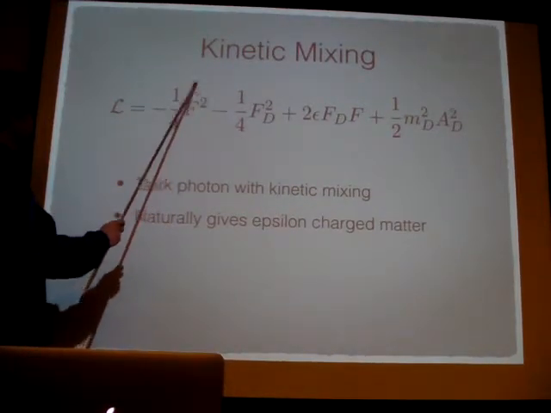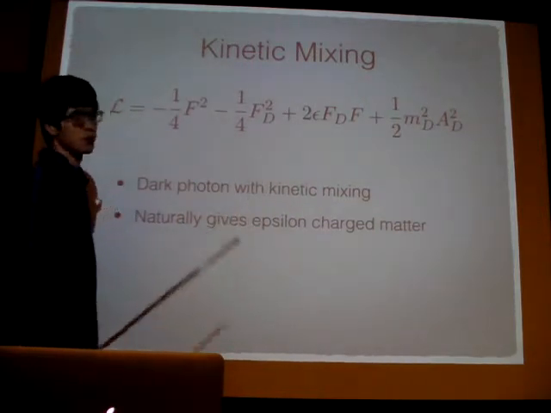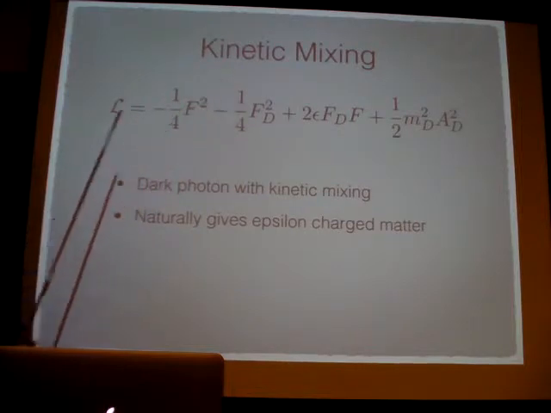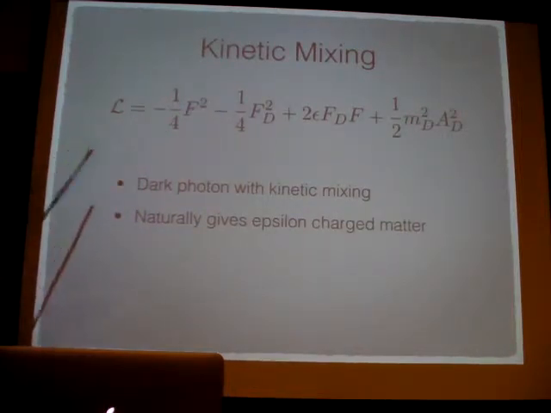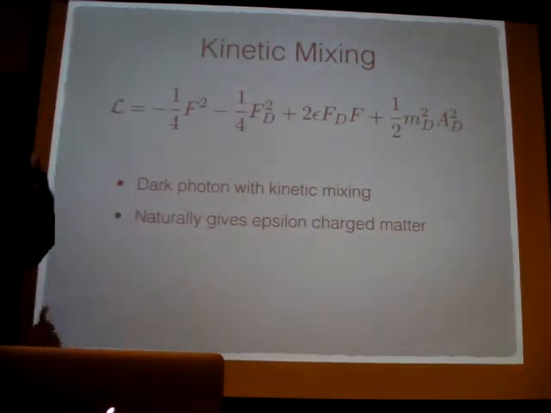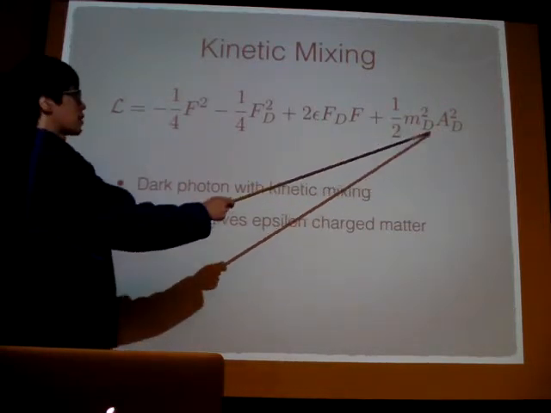If you take our U1 and their U1, you can write down a term that literally just mixes the kinetic terms for our U1 and a U1 dark. And motivated for reasons I'll tell you later, we're going to add a mass to this other guy. You might imagine that this needs to be a mass because of things like CMB and N-effective constraints, but I'll get around to why this mass term needs to be added later.